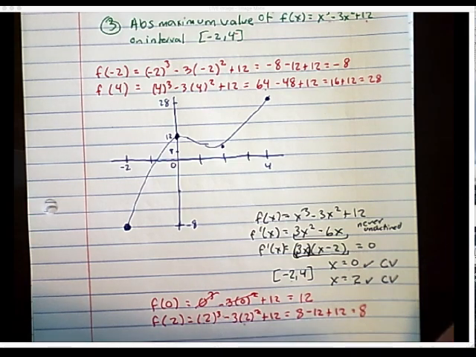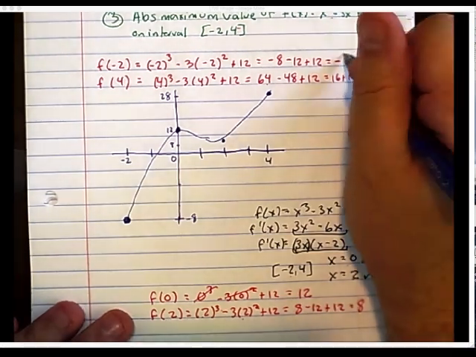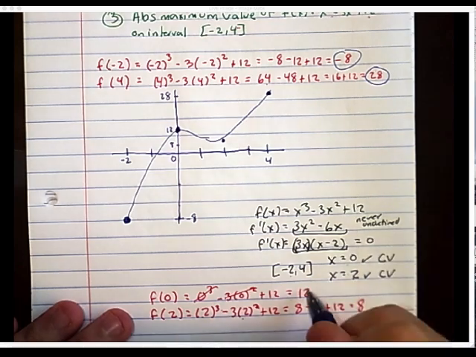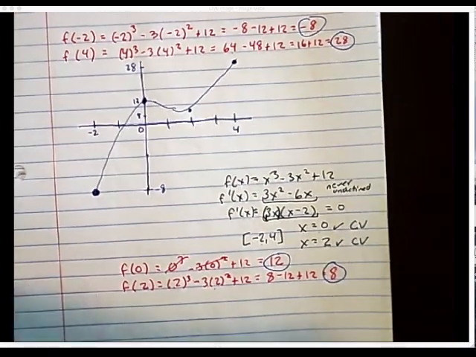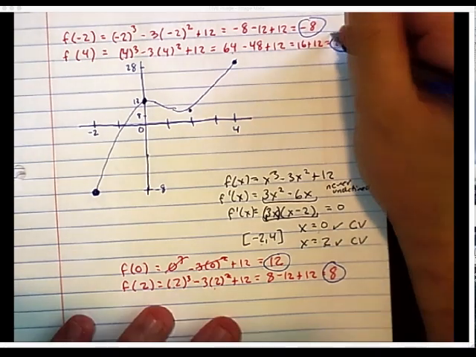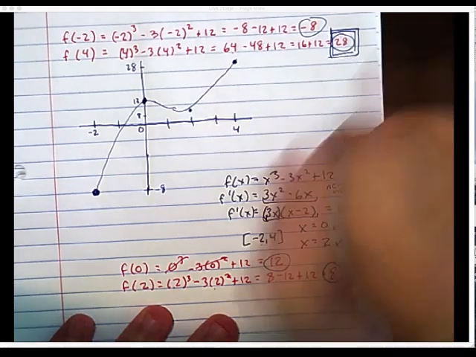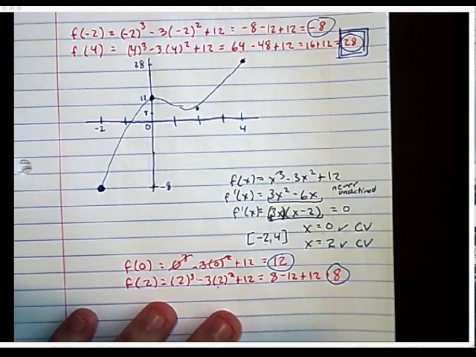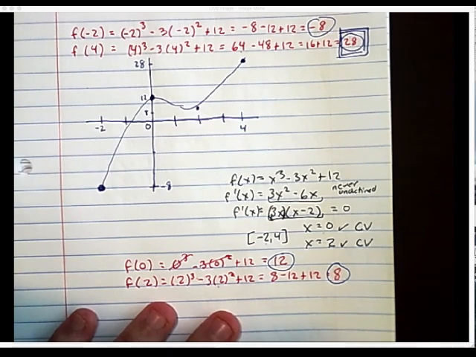Right. So it's asking for the absolute maximum value. What is the biggest out of these four numbers? Out of those four numbers, which one of those four is the biggest? Clearly it's this one. Okay. 28 is the biggest of those four numbers, but we had to find them all first to verify it.